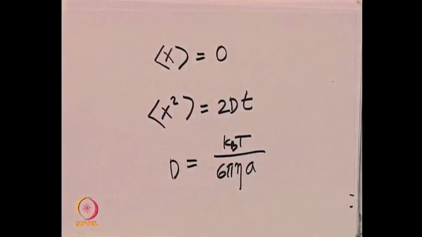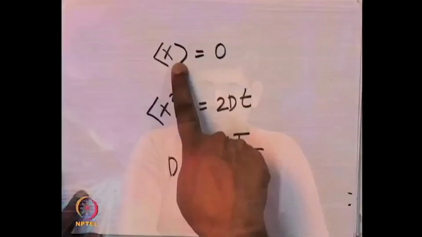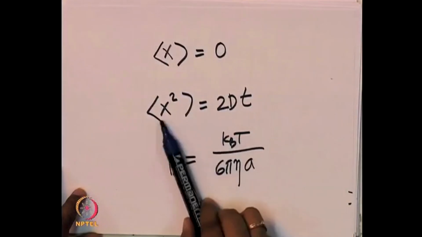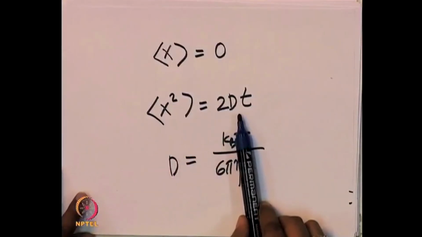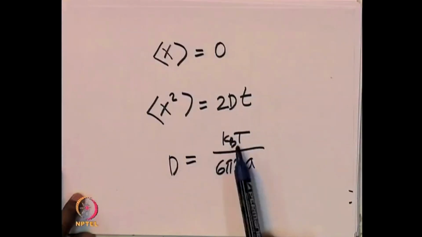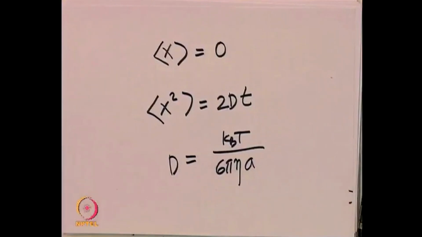If you mark a particle and do many experiments and ask where it will go on average, sometimes it will go to minus x, some other time it will go to plus x. So, on average it will not go anywhere, x average will be 0. That is what this means. But the x square average is 2Dt, and the diffusion coefficient is kBT by 6 pi eta a.